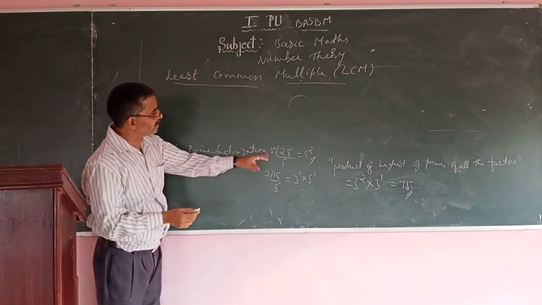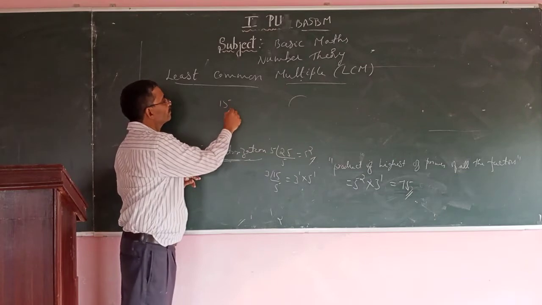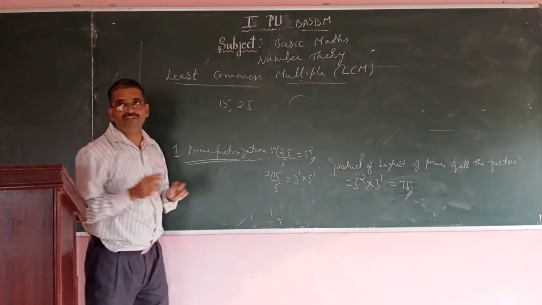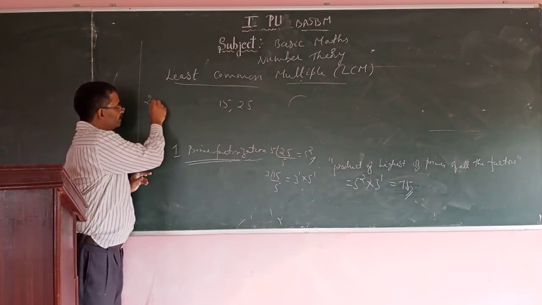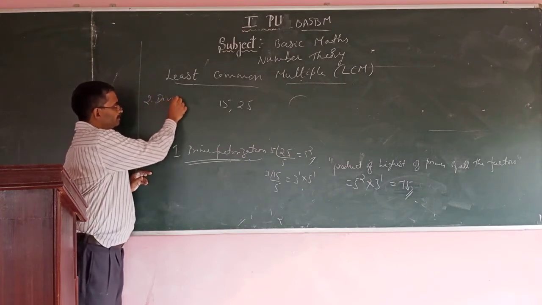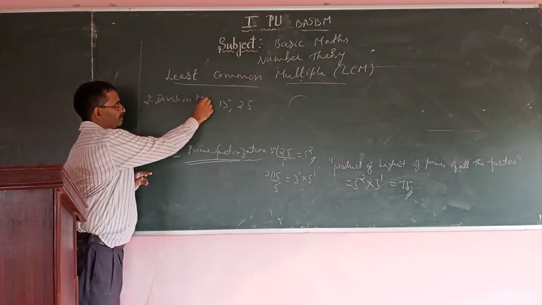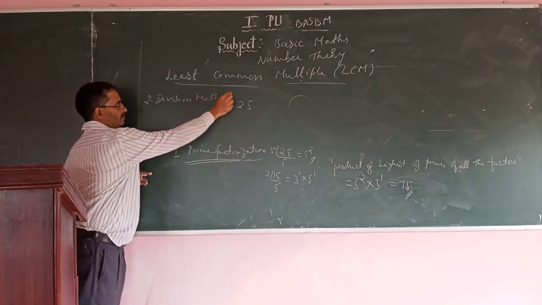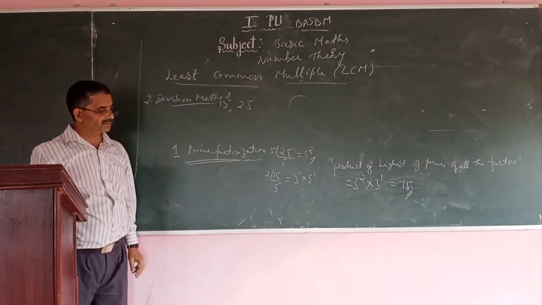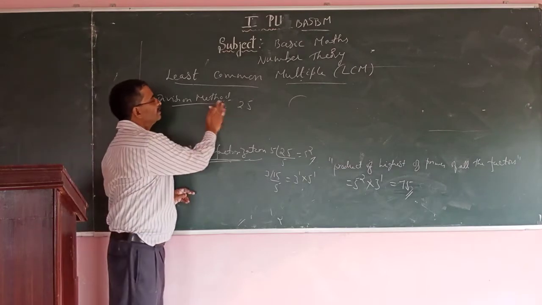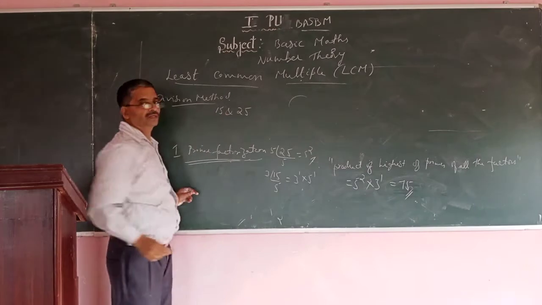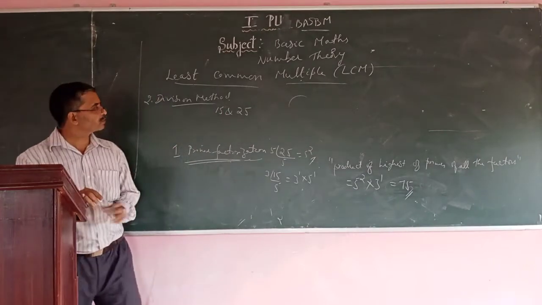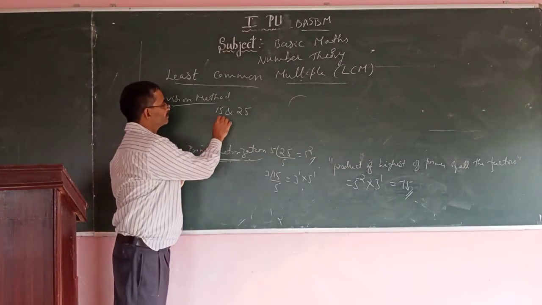Using the division method, let us consider the numbers 15 and 25. How is it done? Take these two, 15 and 25.